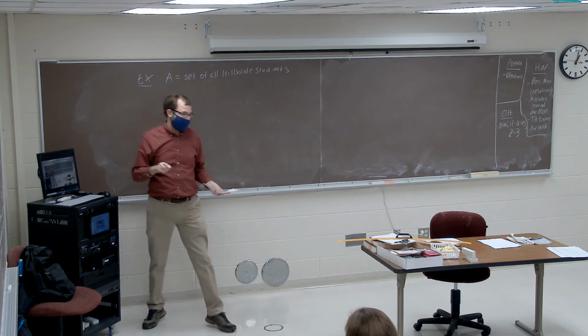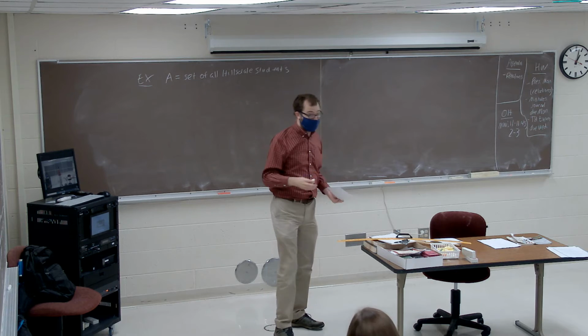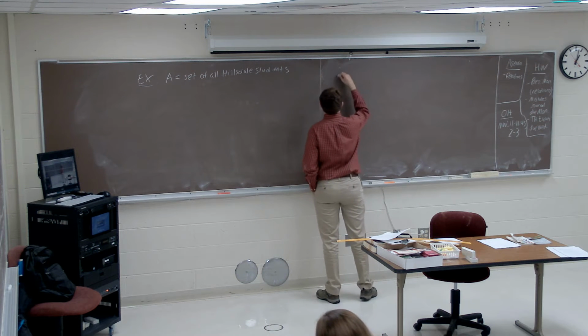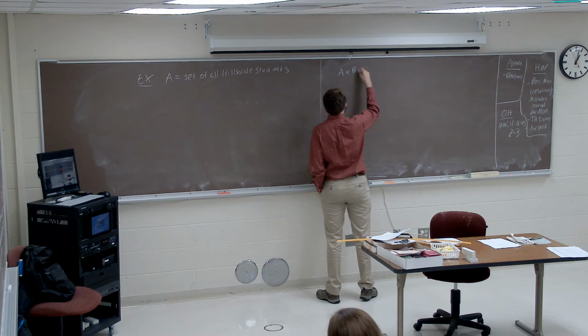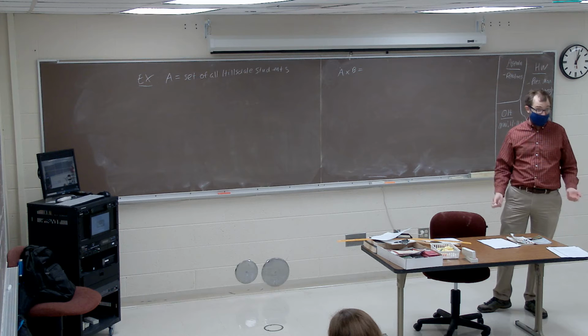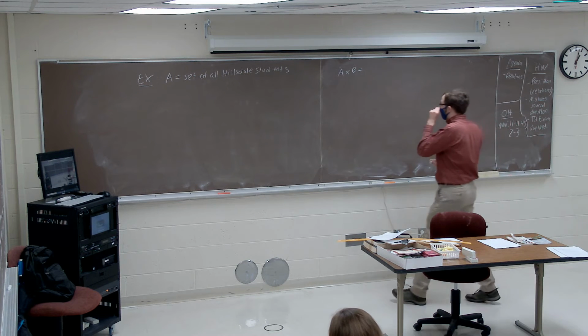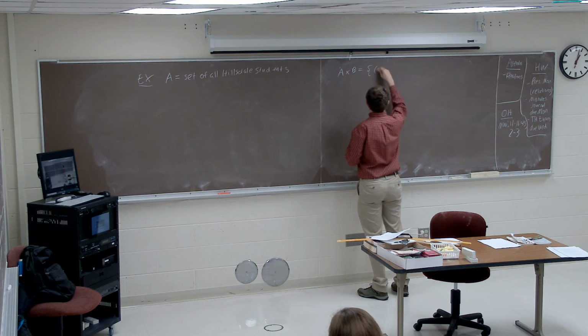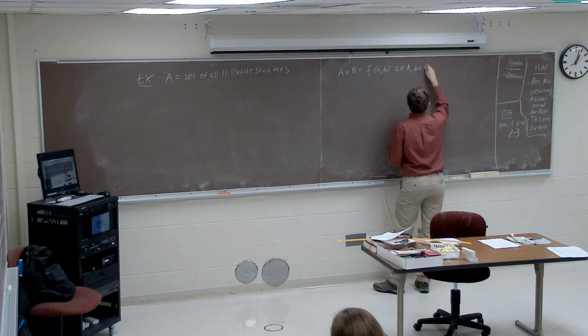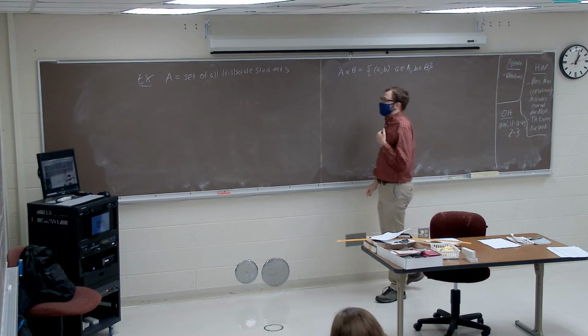And we're going to define a subset of the Cartesian product of A with itself. If you might remember, if we take the Cartesian product of two sets, we're basically just looking at sets of ordered pairs, where the first element comes from the first set, little a comma little b, where little a is an element in the first set, and little b is an element in the second set.